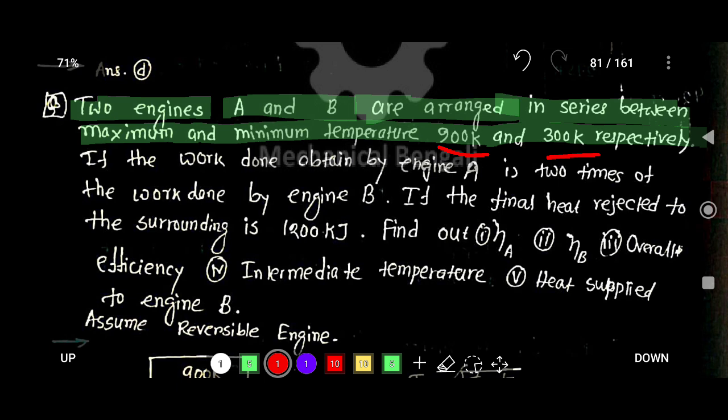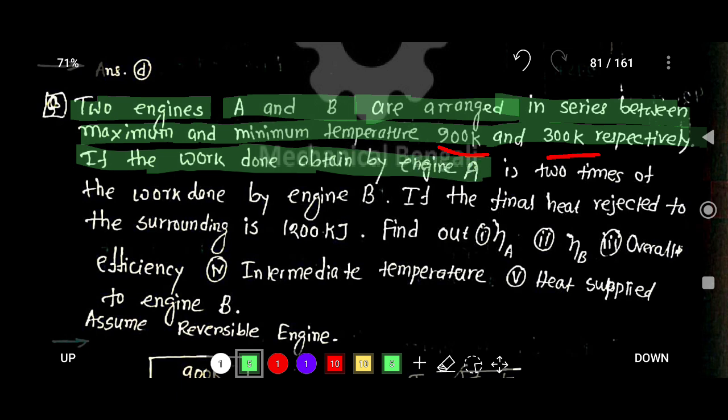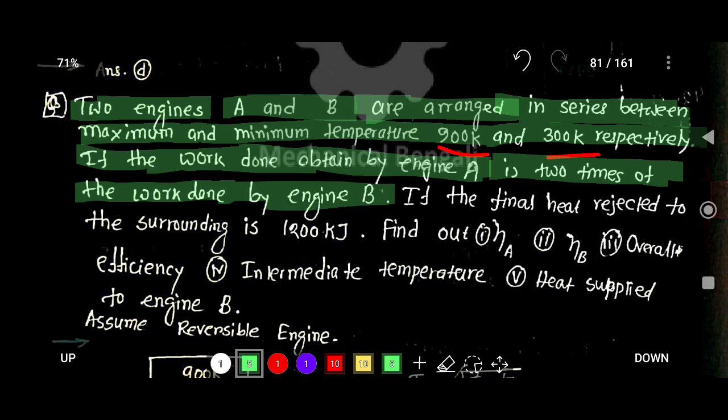If the work done obtained by engine A is 2 times the work done by engine B. So here, work done in engine A is equal to 2 times the work done by engine B.